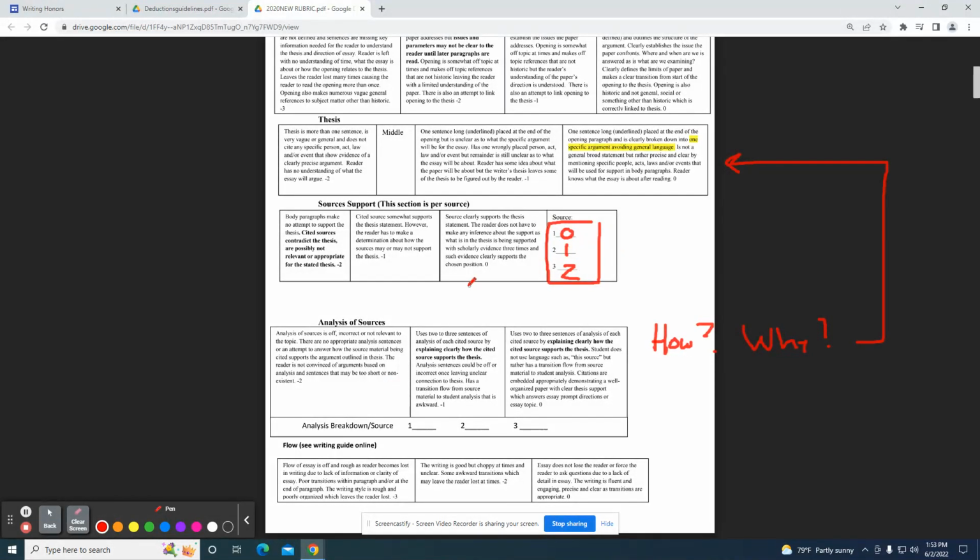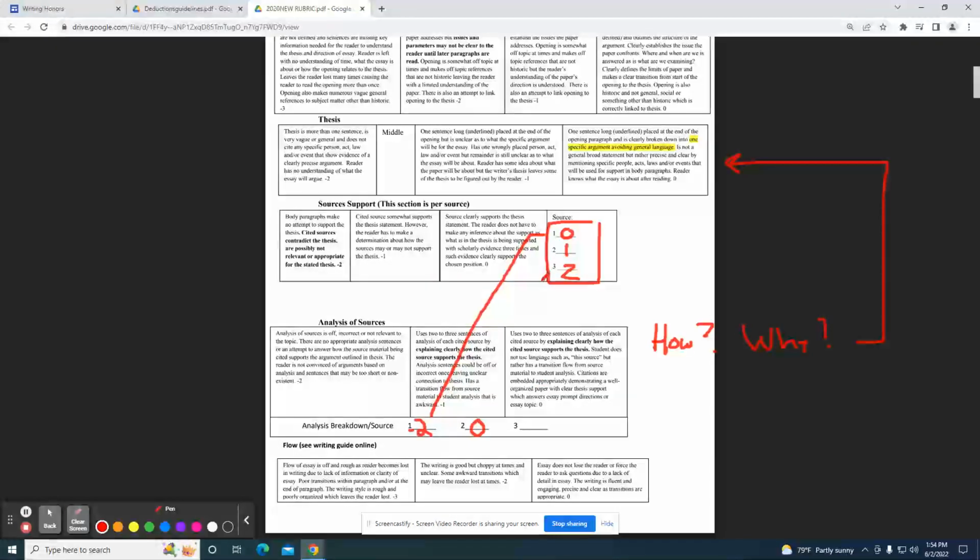And then I'm looking at your sources, and you are scored on each source. Sometimes, in this case, the student has a clear source, but their analysis is off. This is a -2 deduction. In this source, they had a questionable source, but their analysis of that source was on point. The student scores a 0.